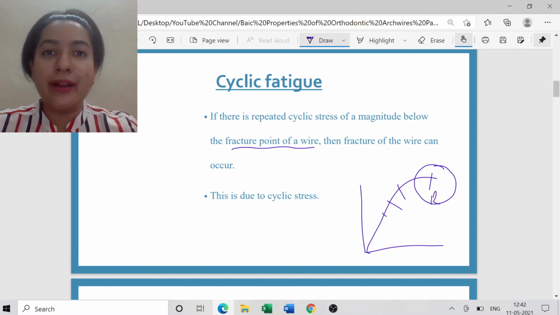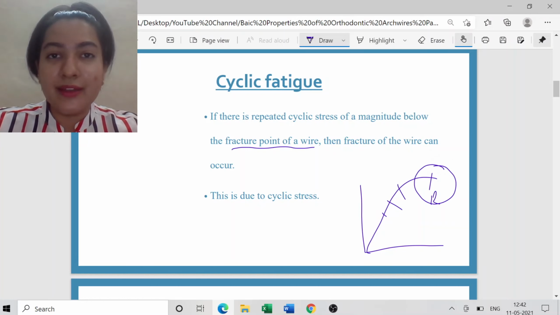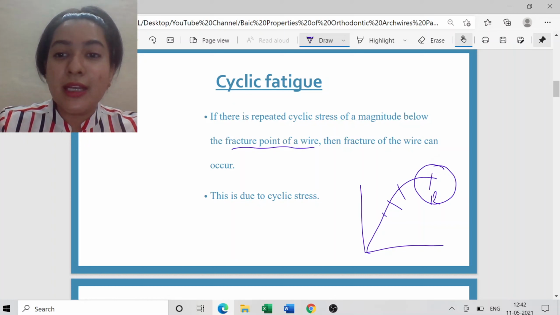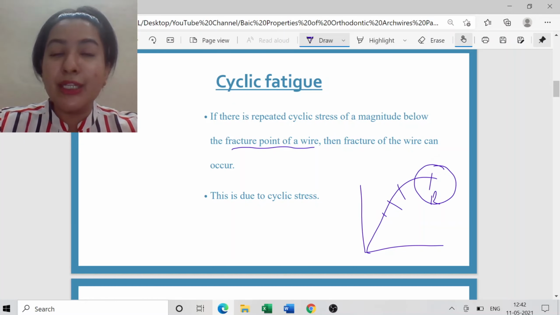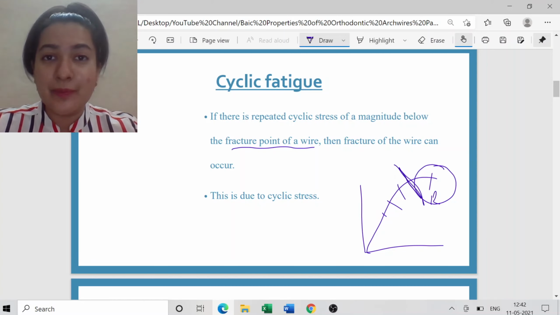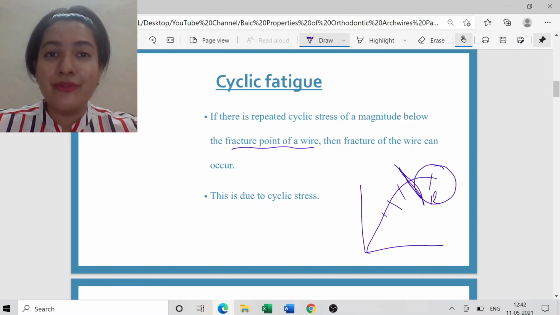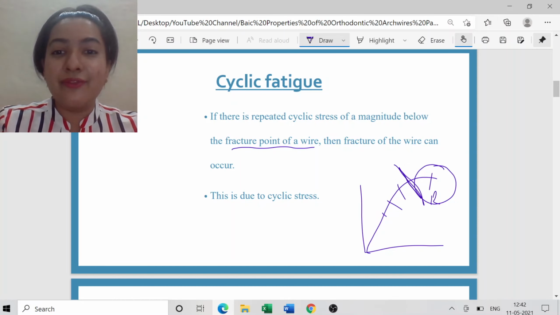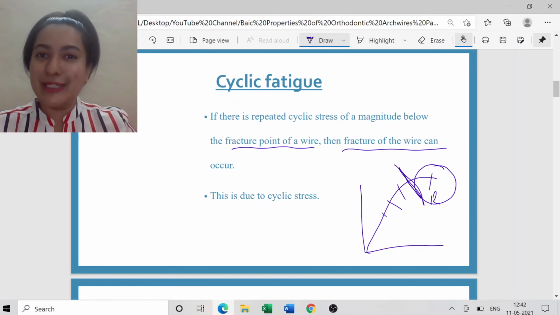Meaning, if I take a wire and I'm constantly manipulating it or generating stresses on it, although the amount of stress induced is less than that of the fracture point, maybe it is at this particular level, but if I keep on doing it repeatedly, and the fatigue I'm giving to the wire becomes cyclic in nature, then fracture of the wire can occur.